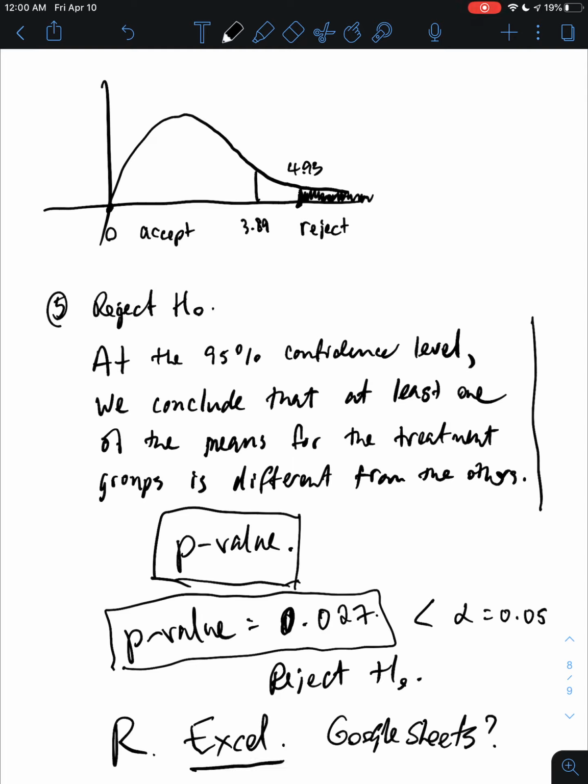Excel is dead easy. You type in all your data, your 15 numbers in this case, into a nice table. You then hit a couple of magic buttons in Excel, and it produces the ANOVA table on another spreadsheet. Anyway, that's it.